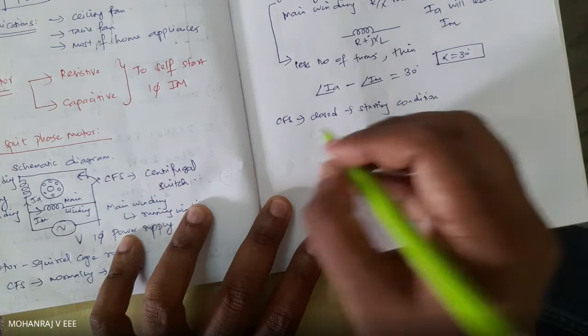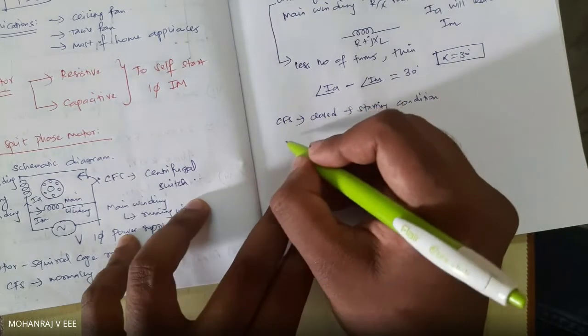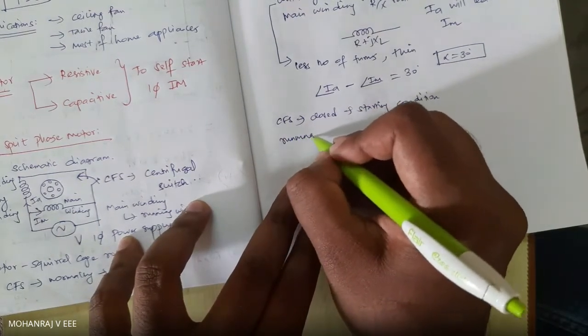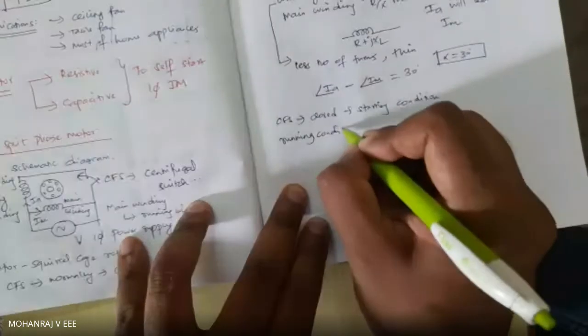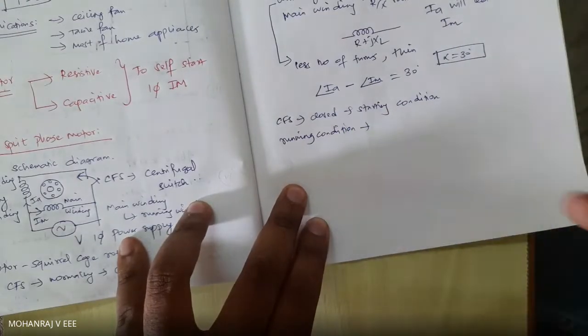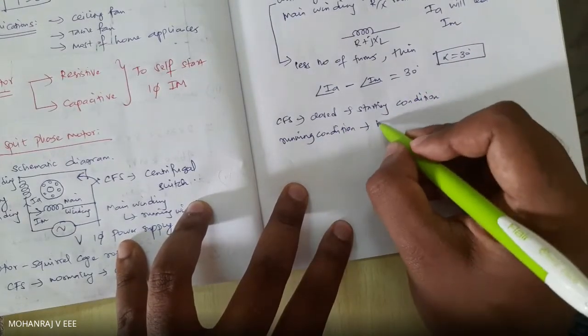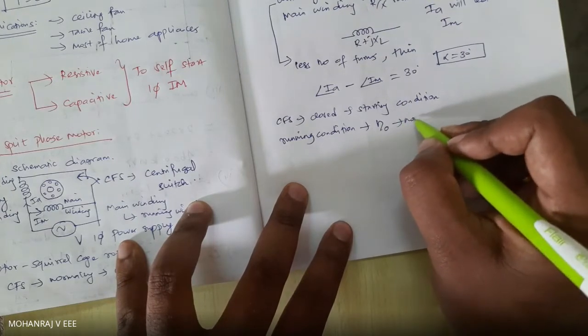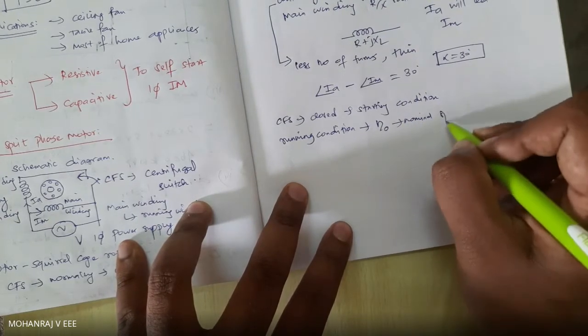But what happens during running condition? Say the motor has reached n naught speed, some nominal speed.